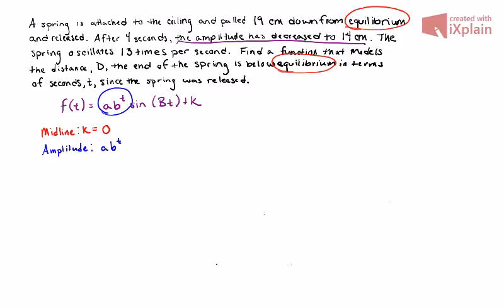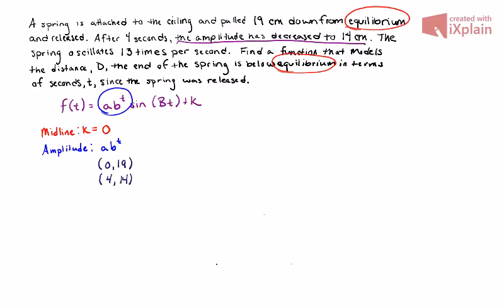I know that at time 0, the end of the spring is 19 centimeters away from equilibrium. And I also know that at time 4, so 4 seconds after release, the amplitude would be at 14.